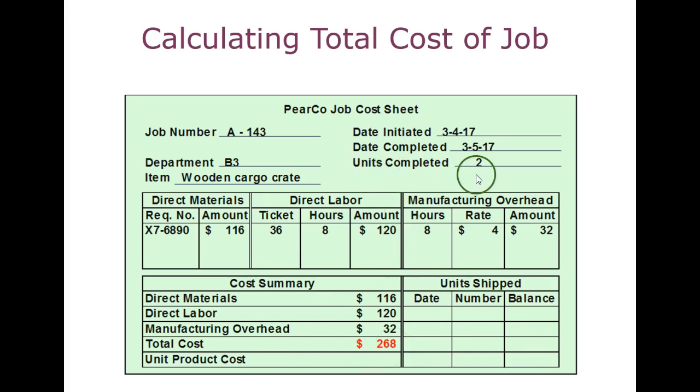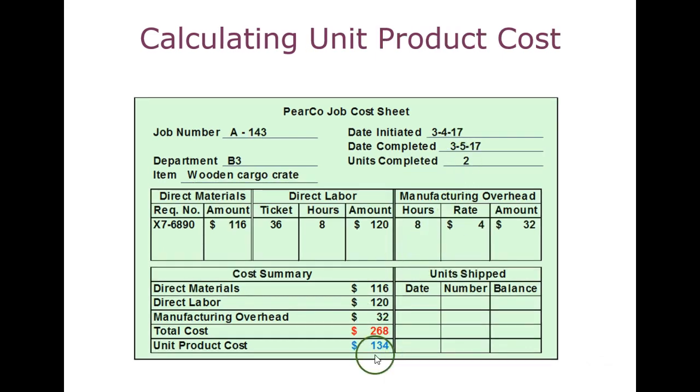Here we computed 2 units. So this job was for 2 units of this item, 2 crates. It cost us $268 total. Divide by 2, so each unit cost $134. So find the total cost for the job, materials, labor, and overhead we're attaching to it, total cost, and now divide the total cost by the number of units.